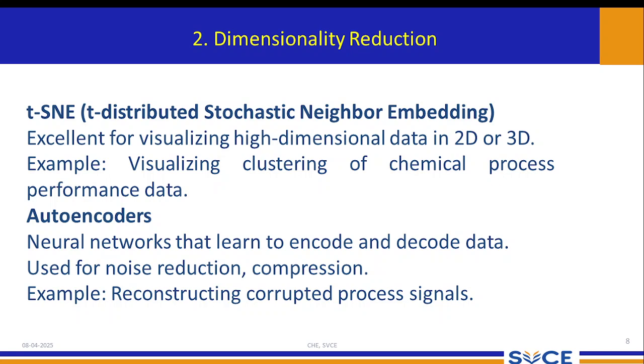When you have a chemical process, the data clusters accordingly. Then there are autoencoders, neural networks that learn to encode and decode data, used for noise reduction and compression. The example is reconstructing corrupted process signals.